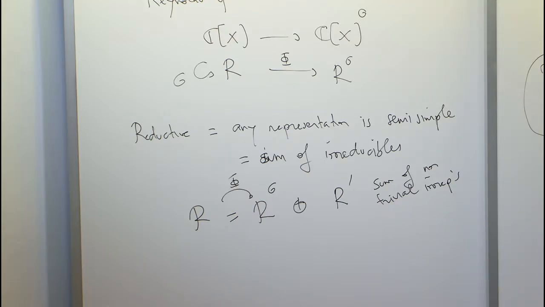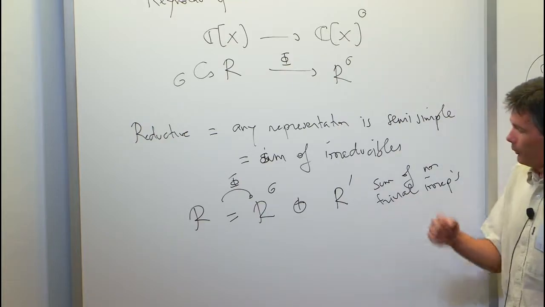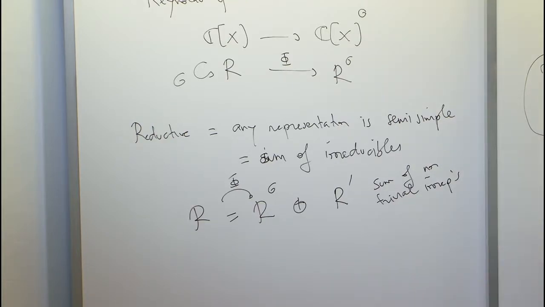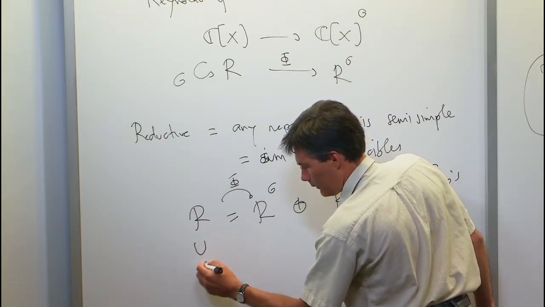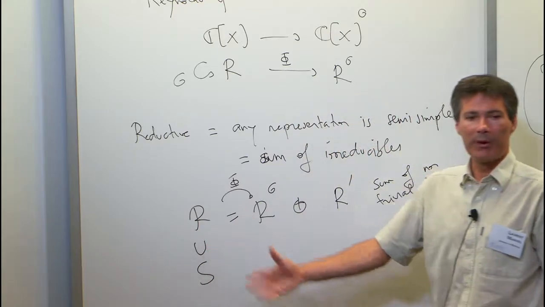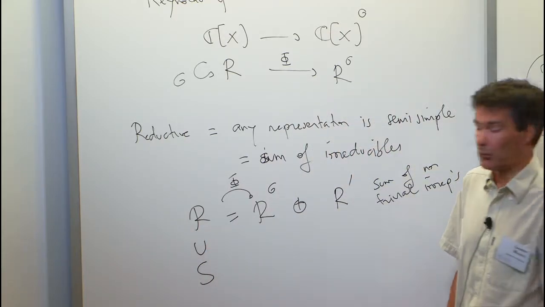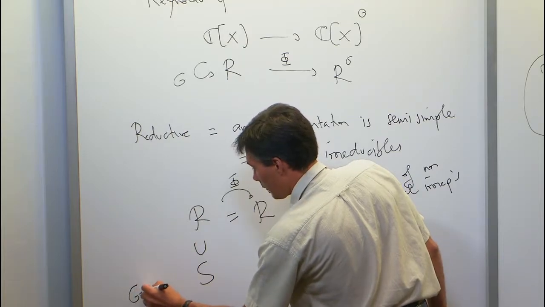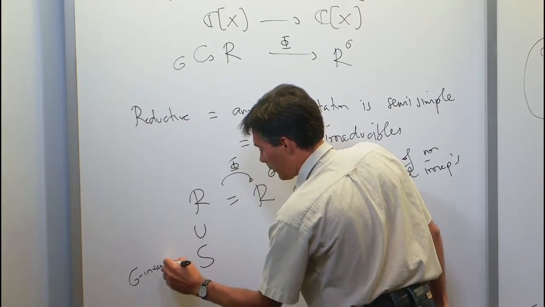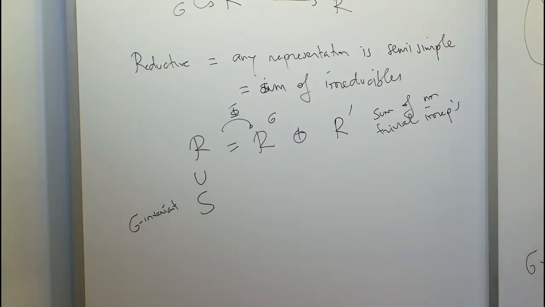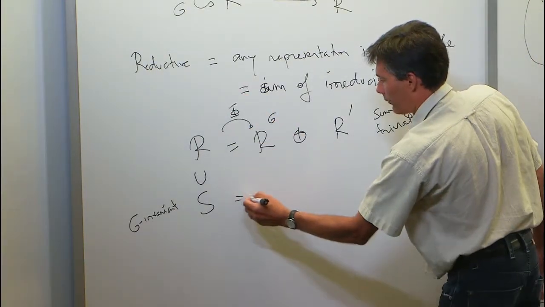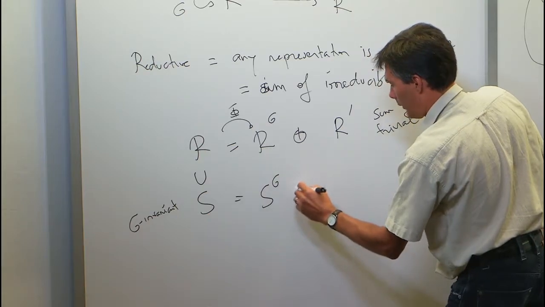Okay, so why do I mention that? This point of view is useful because it makes obvious another property of the Reynolds operator, which is that if you take S, any subspace of R which is G-invariant, then by the same property of reductive groups, I can decompose it in exactly the same way.